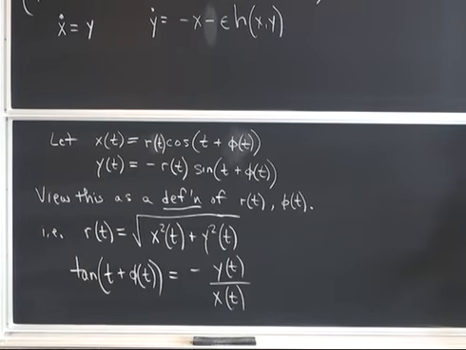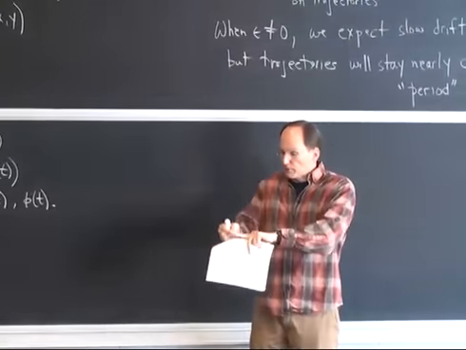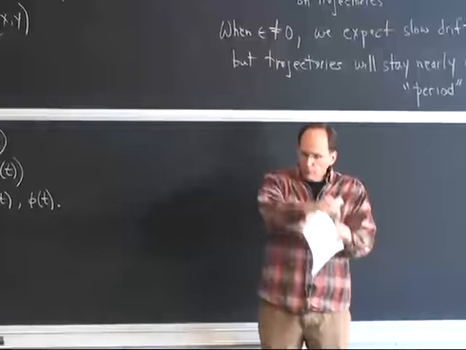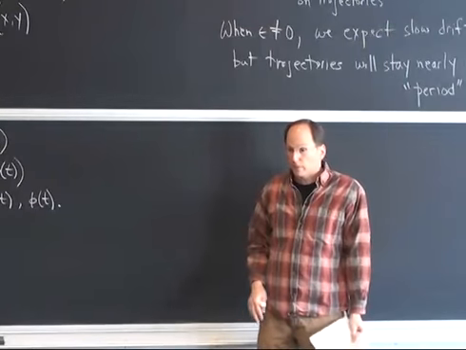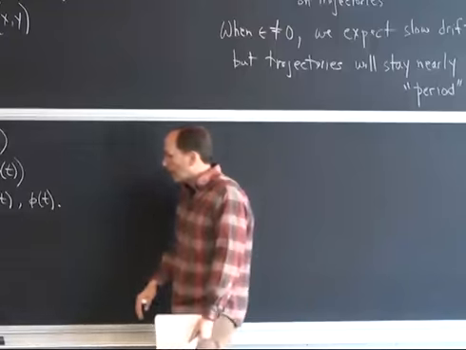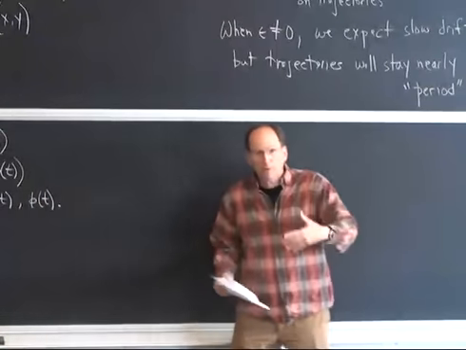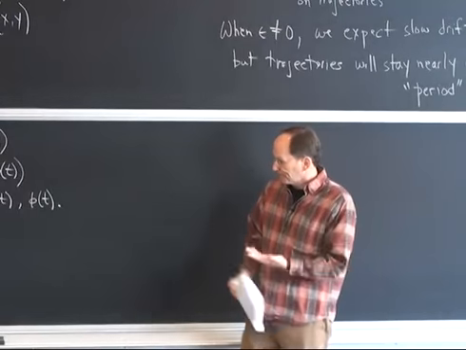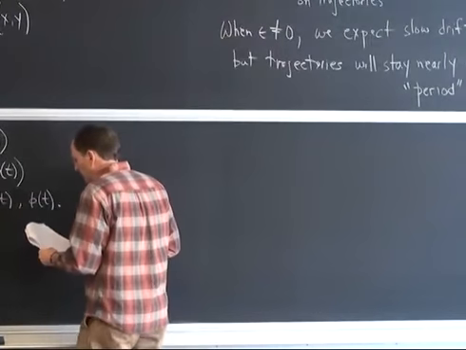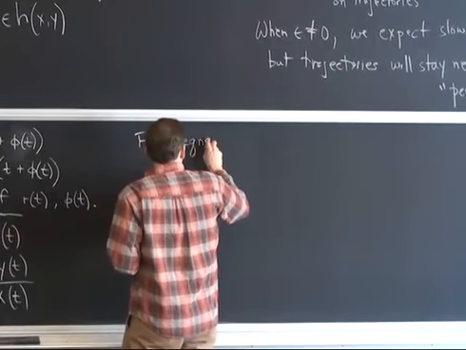If you imagine two problems, one with epsilon 0 and one with epsilon not 0, start them from the same initial condition, and you view what's happening from the point of view of the unperturbed system, then that will allow you to freeze out the uninteresting motion and watch the interesting part, which is the slow drift of the r and the phi. Okay, well anyway, so let's now find the equations for r dot and phi dot.